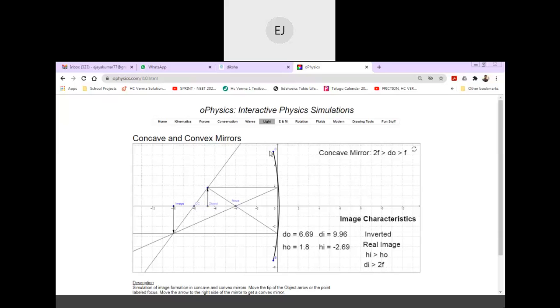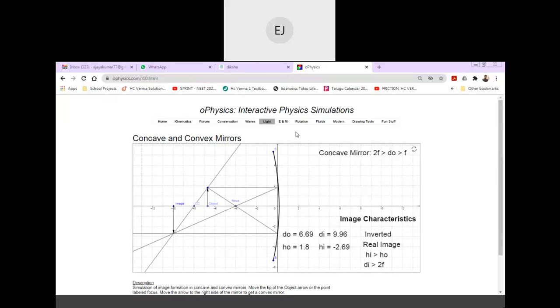Actually, these spherical mirrors, this is one of the curved mirrors, concave or convex, whatever it is. They are part of a sphere.